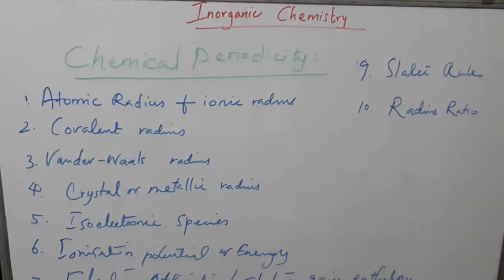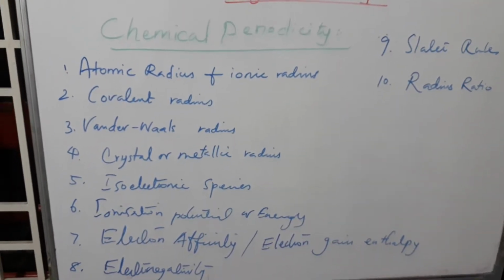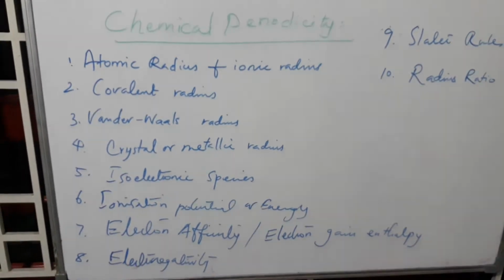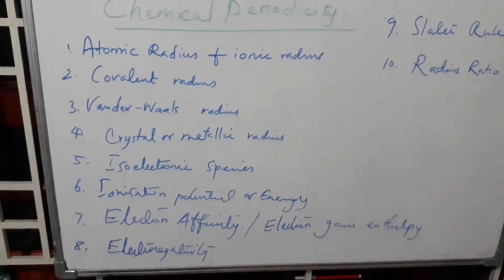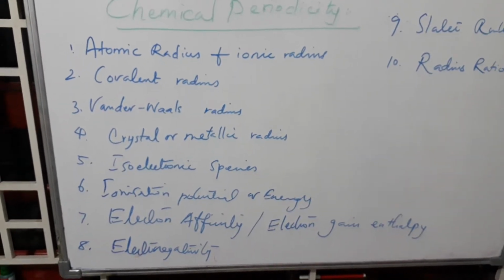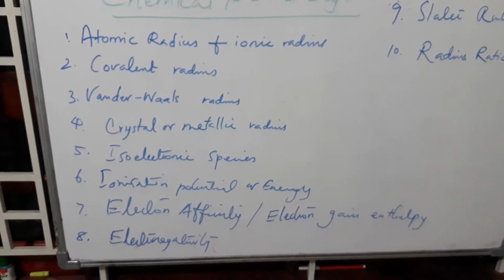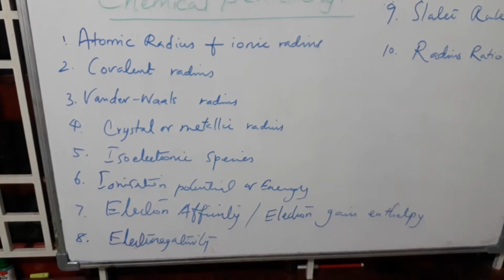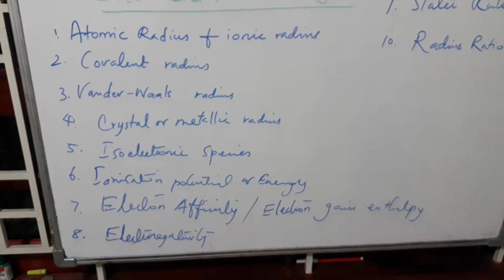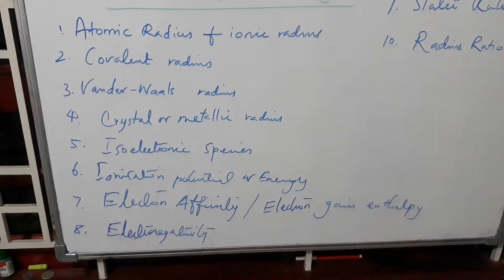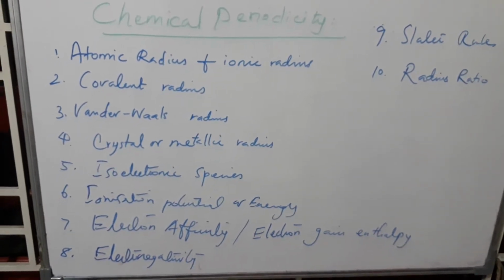So look at this board. We are seeing various topics in our syllabus, chemical periodicity. The first one is atomic radius and ionic radius, the second is covalent radius, third van der Waals radius, fourth crystal or metallic radius, fifth isoelectronic species, sixth ionization potential or energy, seventh electron affinity or electron gain enthalpy, eighth electronegativity, ninth Slater rules, and the tenth one is radius ratio.